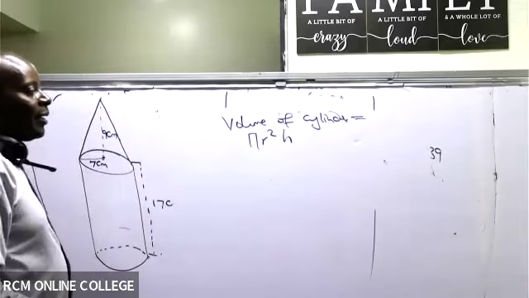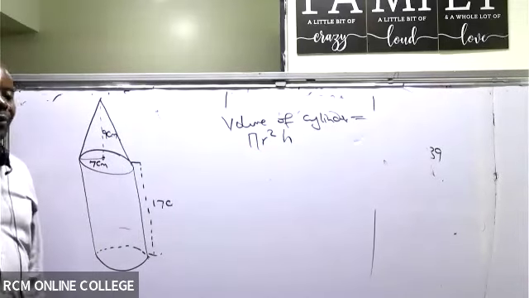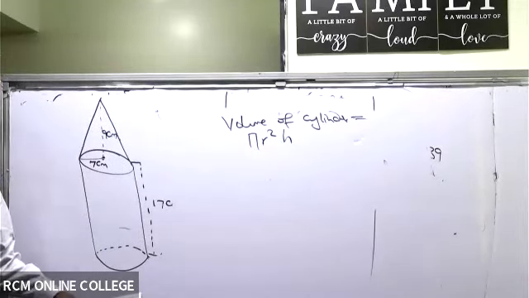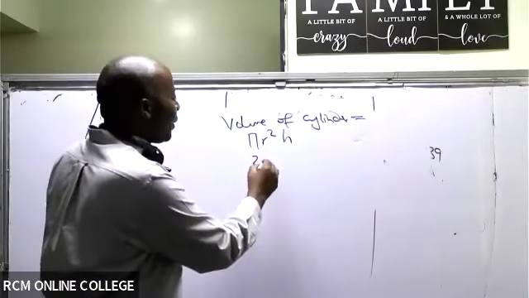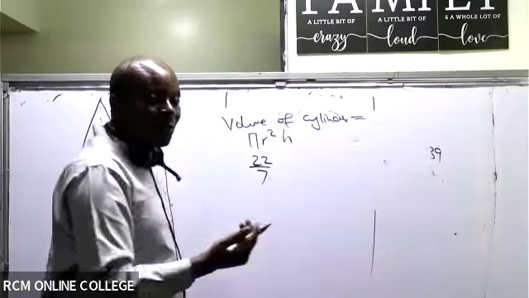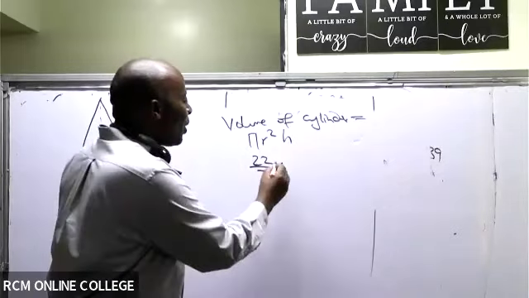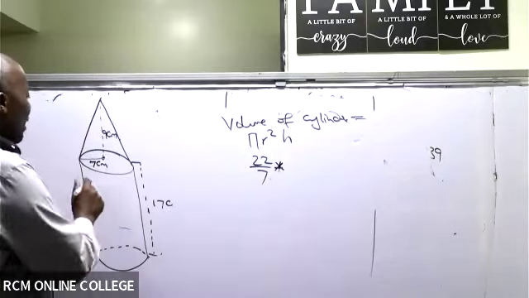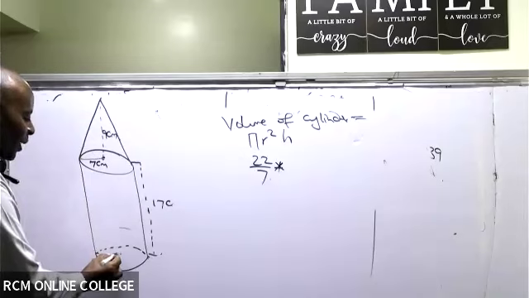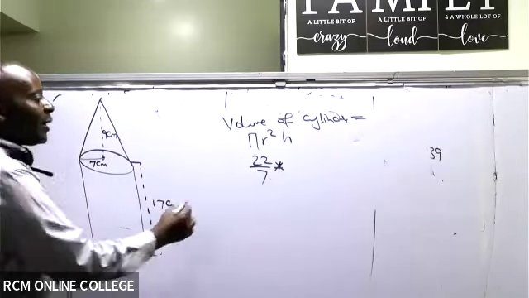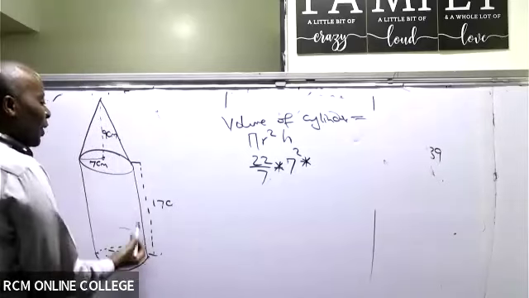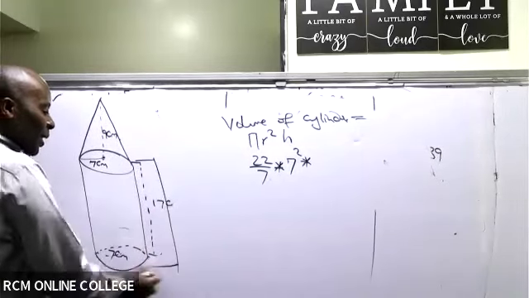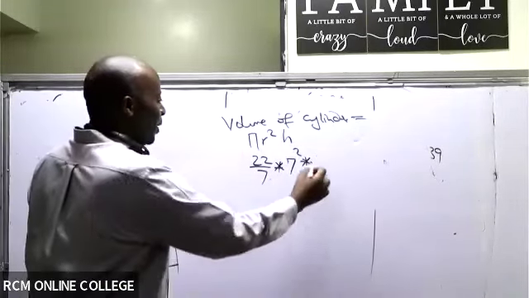And the pi, of course, we know is 22/7, or 3.14. Times the radius for this cylinder, which is 7 centimeters, so 7 squared, times the height. The height of the cylinder in this case is 17.